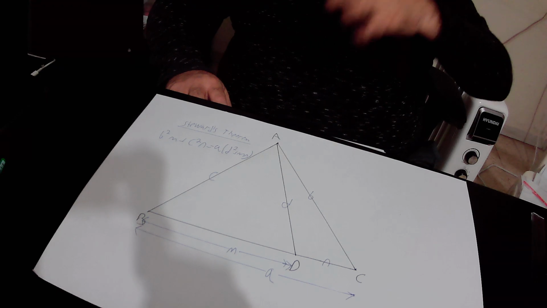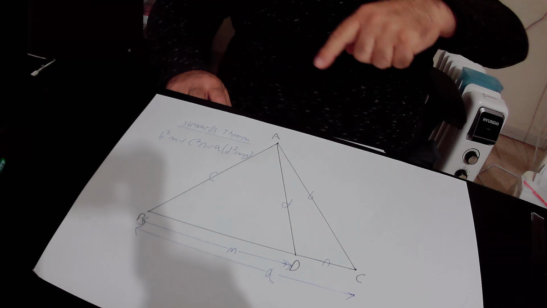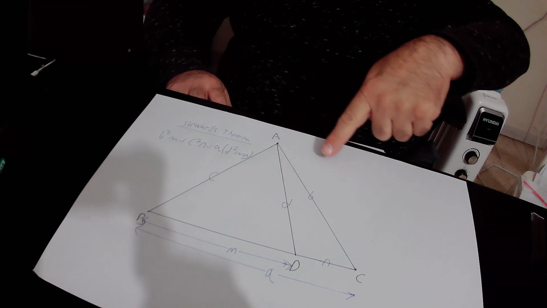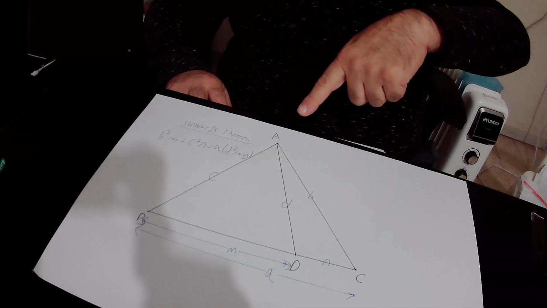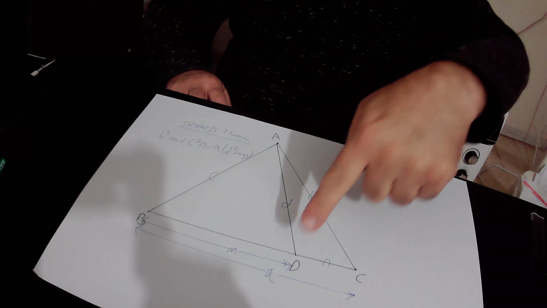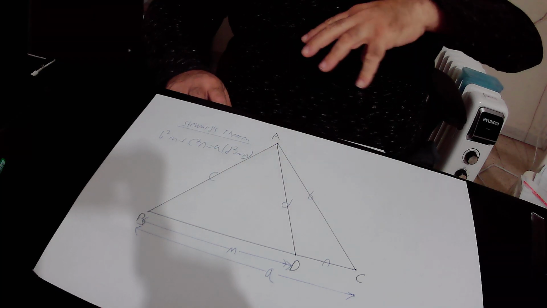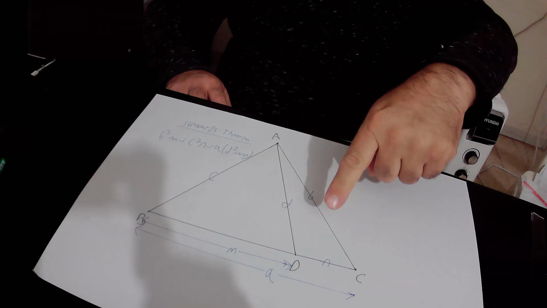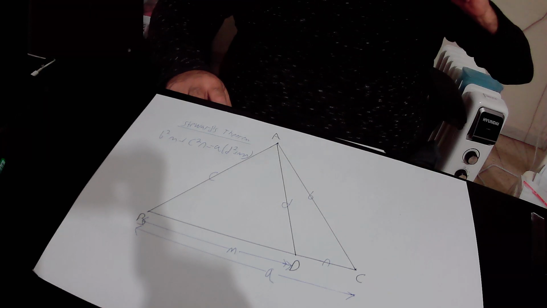Stewart's theorem yields a relation between the side lengths of the triangle, that is to say, side AC equals B units in length, side AB equals C units in length, and side BC equals A units in length. Those are the sides of triangle ABC, and the cevian in this triangle is AD.